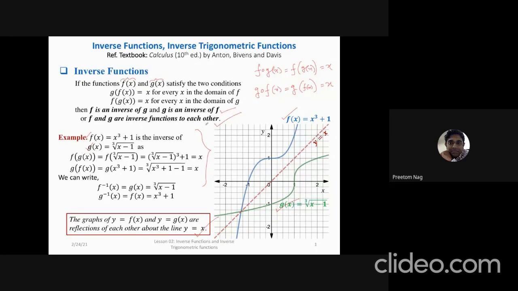So on the left-hand side, we showed the mathematical verification, and this is what we call the graphical verification.